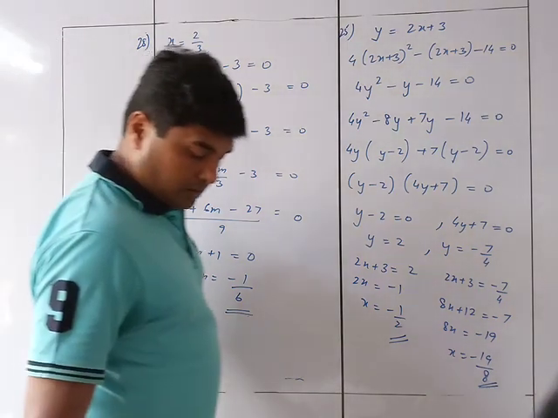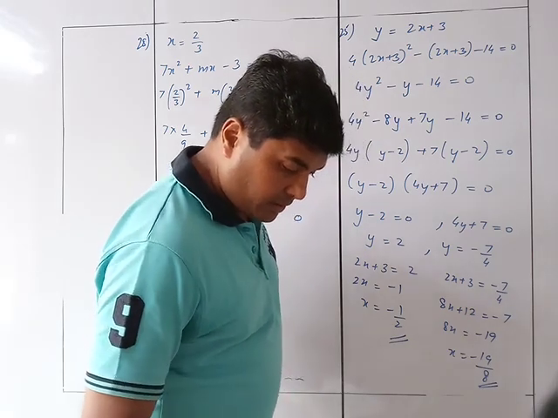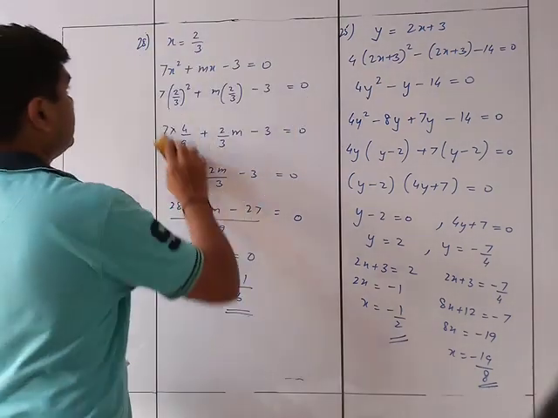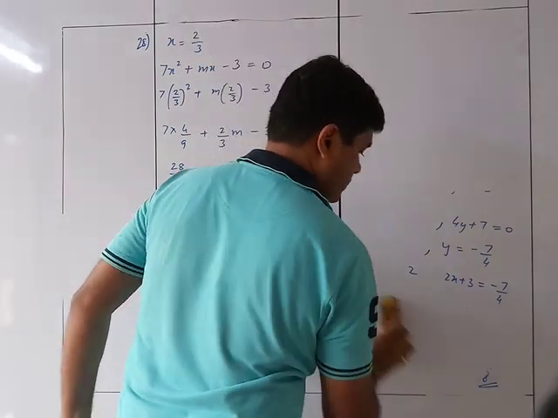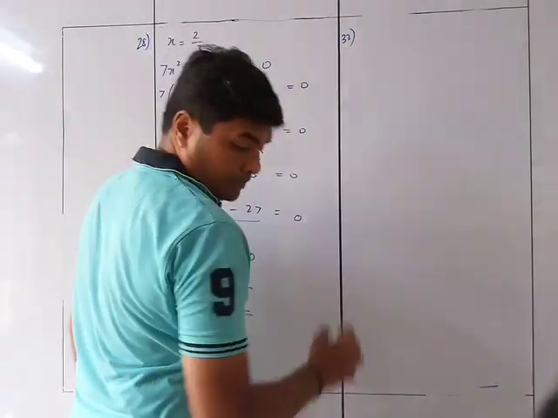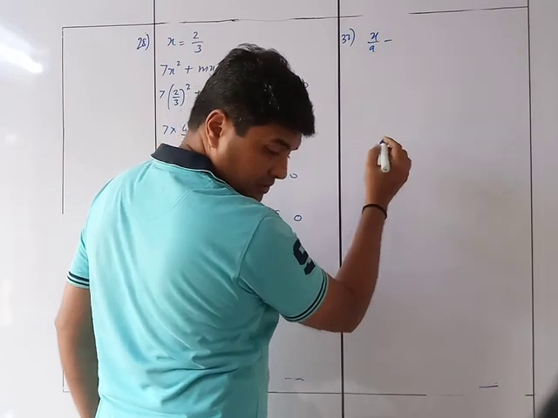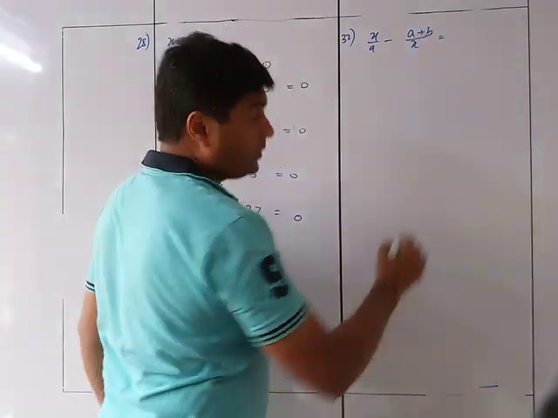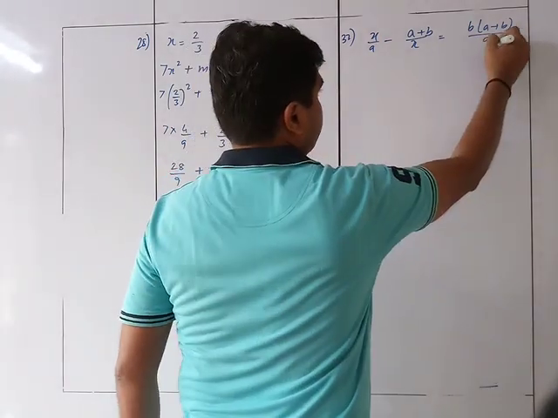Okay, we'll take one last question, and that would be sum number 32. It's x upon a minus (a plus b) upon x is equal to b(a plus b) upon ax.